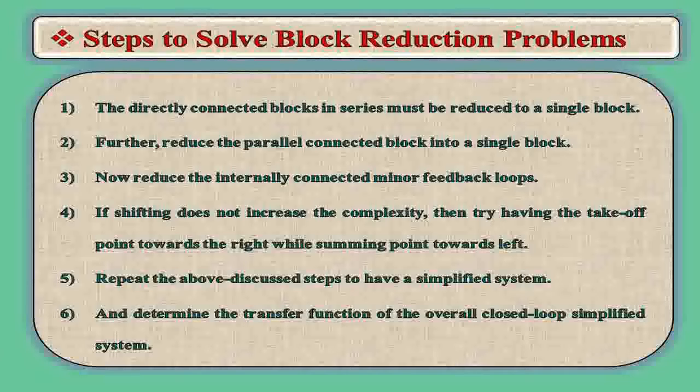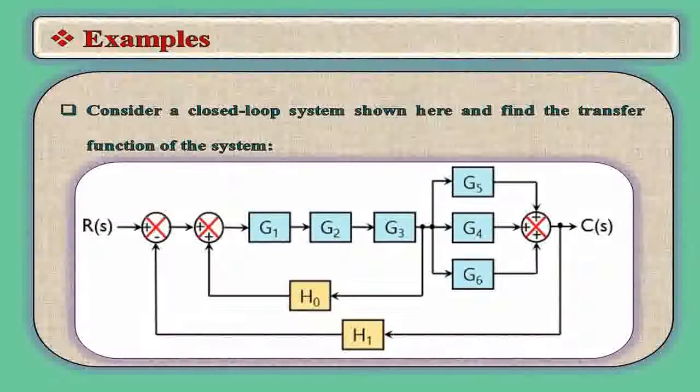Let us see an example to have a better understanding of block reduction techniques. Example, consider a closed loop system shown here and find the transfer function of the system. Here we can see the three directly connected blocks G1, G2 and G3 in series.